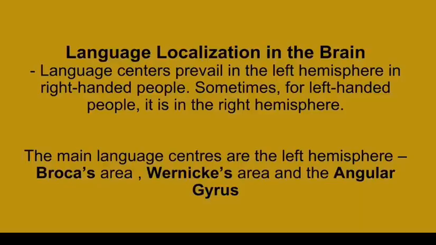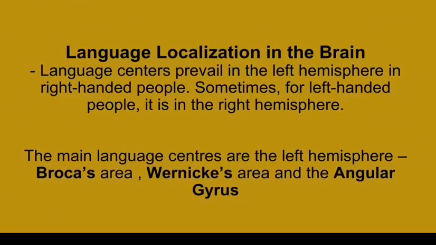Now, the main language centers in the left hemisphere are Broca's area, Wernicke's area, and the Angular Gyrus. Okay, these areas are the centers for language within the left hemisphere.